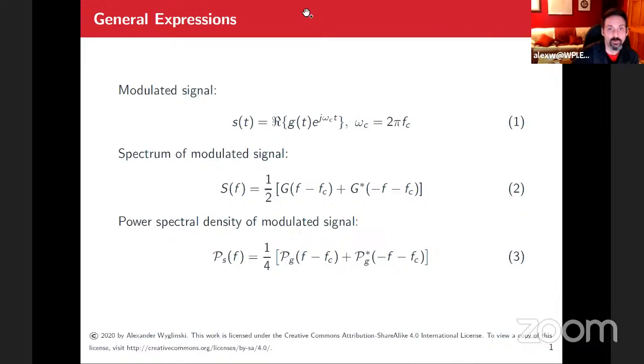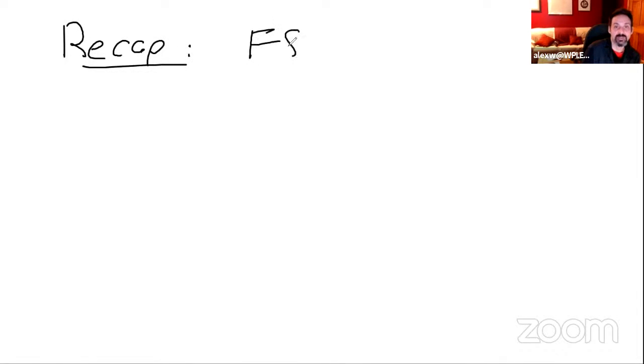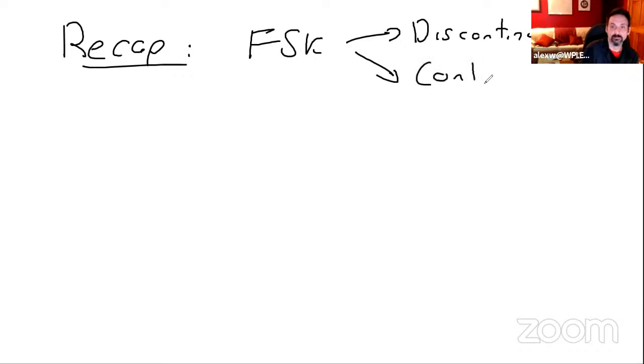So from last time, if we want to recap, what we looked at is FSK. And we saw two flavors of FSK. We had discontinuous, and we had continuous.